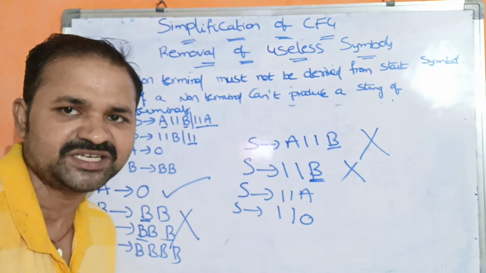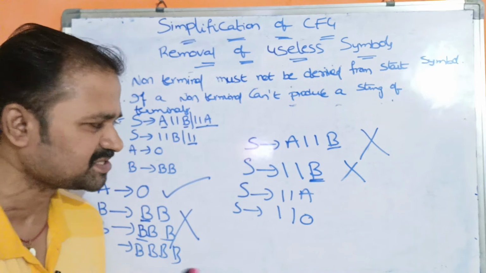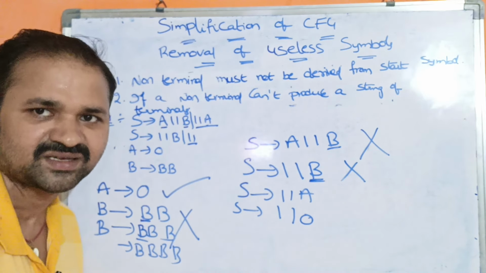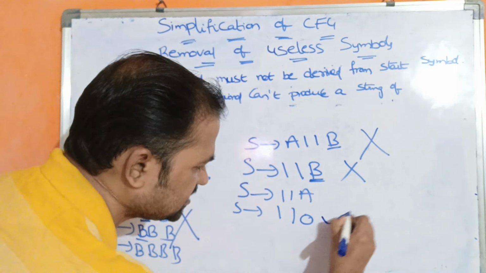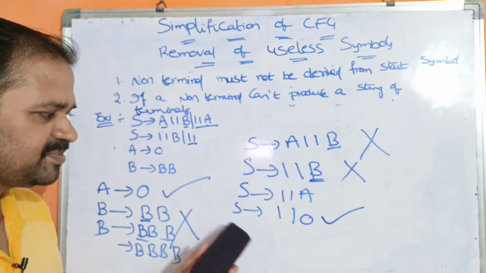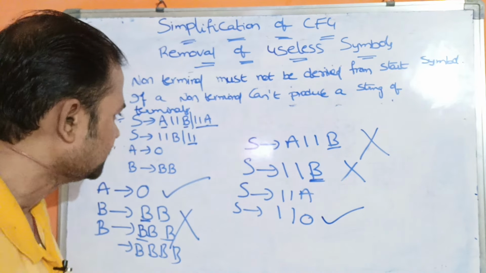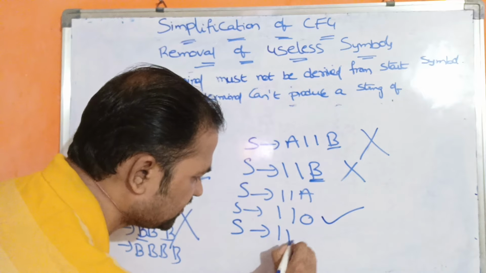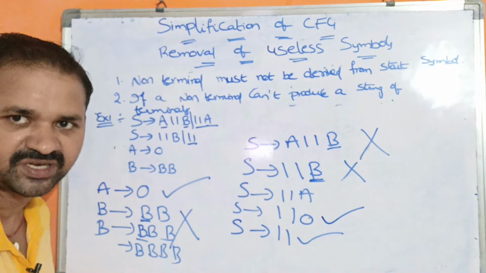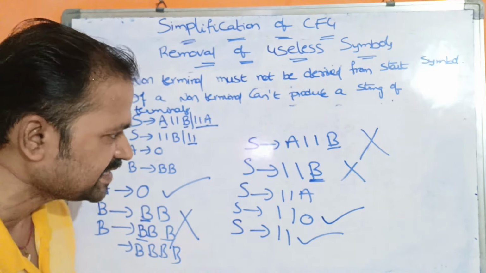Terminals are nothing but digits, lowercase letters, some symbols, plus, minus, star, left parenthesis, right parenthesis, likewise. So this is useful only. Why? Because it is producing terminals. Next one, S produces 11. So this is also a useful production. Why? Because it is producing terminals.